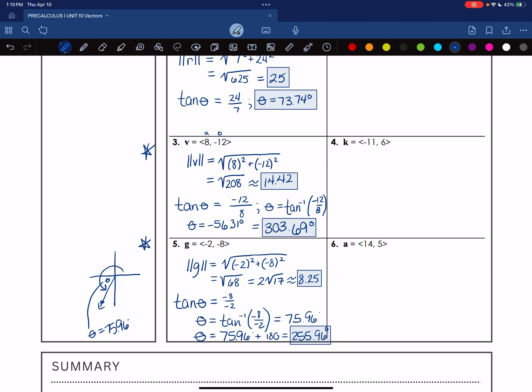Be really aware here, like we saw in example 3 and example 5, that when you do the inverse tangent, if your angle is negative, then you're going to have to subtract that so that you find the correct value based on where your terminal point is.